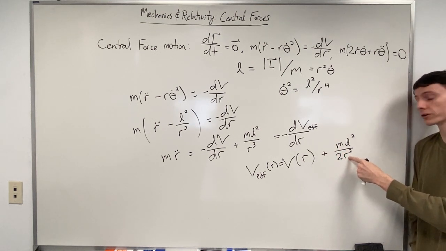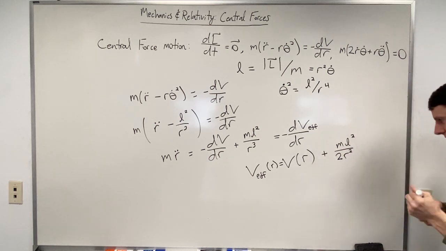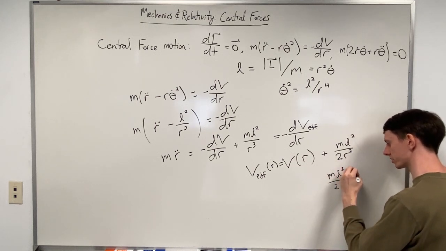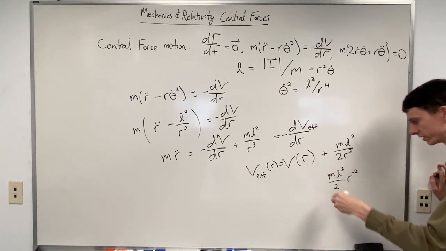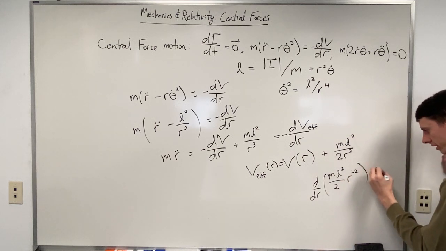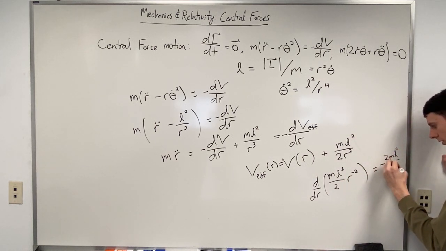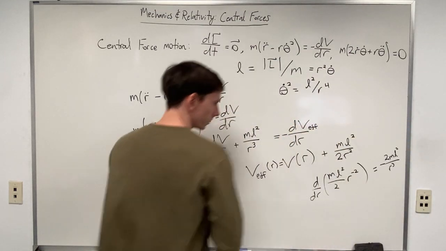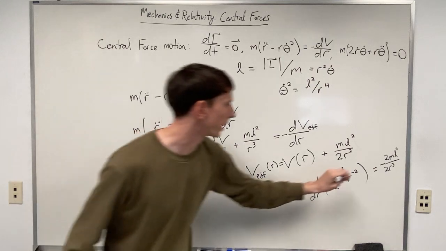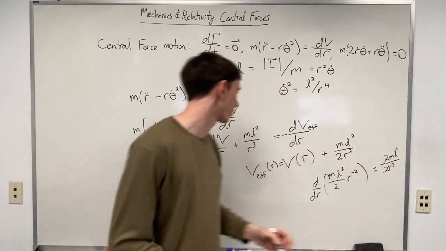Oh yeah, because you're differentiating r to the minus 2, right? Let's just do this real quick: ml squared over 2 times r to the minus 2. If you differentiate this with respect to r, you get minus 2ml squared over 2r cubed, right? The 2's cancel out, giving you minus ml squared over r cubed.